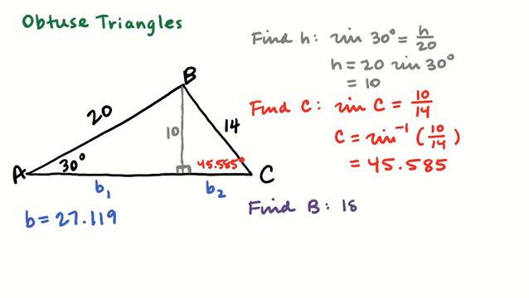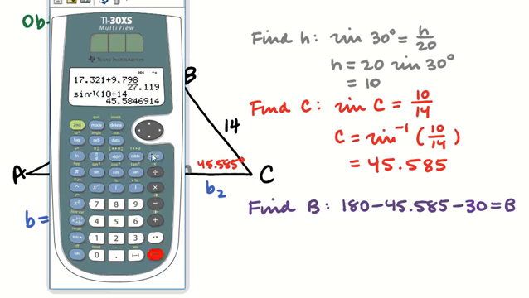Well, 180 minus 45.585 minus 30 is equal to B. And let's get that calculator one more time. I'll do 180 minus 45.585. Oh, whoops. And then subtract 30. And I'll have 104.415.